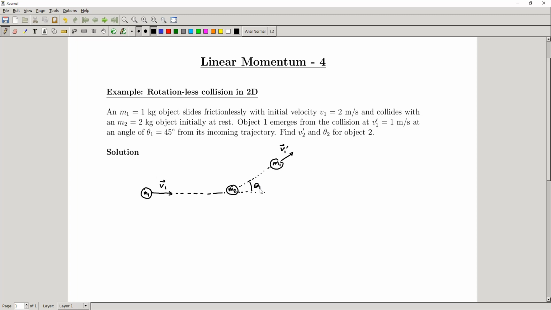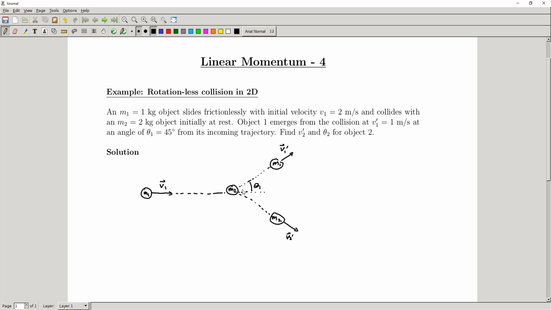And our mass m2, we're not sure exactly where that's going to be headed, but we're going to need to find what the magnitude of this velocity v2 prime is and what this angle is, which I'm going to draw.